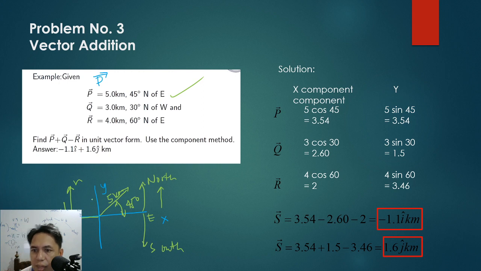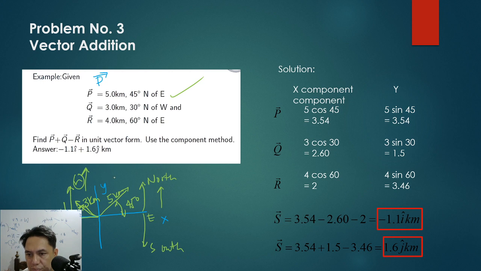So 30 degrees north of west, and there is this 3 kilometers, a little bit shorter than 5 kilometers. So this is the 3 kilometers north of west. North is going there, and north of west is like this, right? Okay, so 3 kilometers. And then the last one, the R.